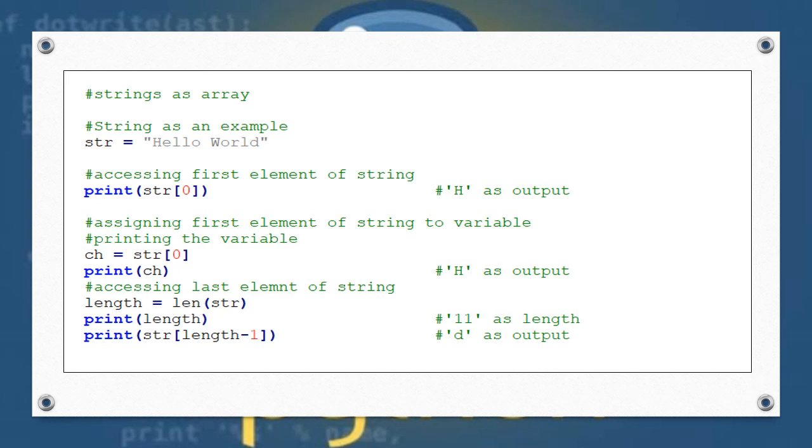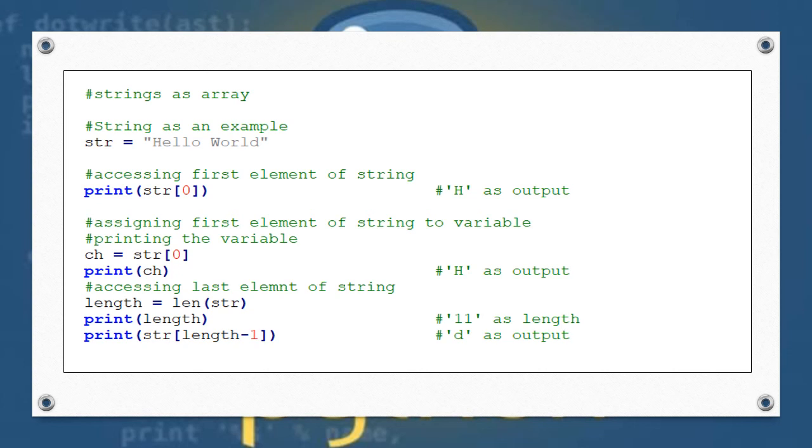In Python, strings also start from the 0th position like other languages. Now if you print str of 0, you will get the output capital H. If you store that value str of 0 in another variable and then print that variable, you will get the same output, capital H.